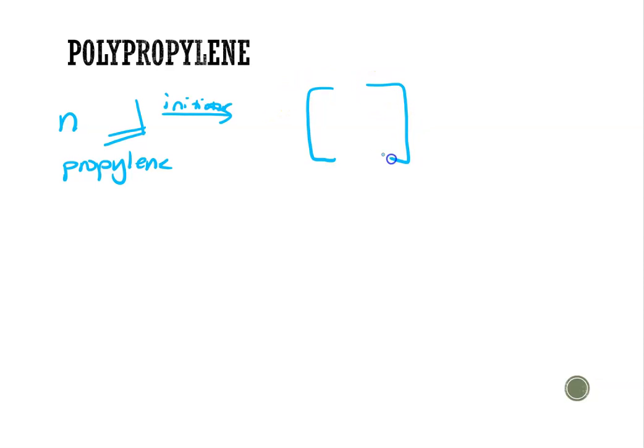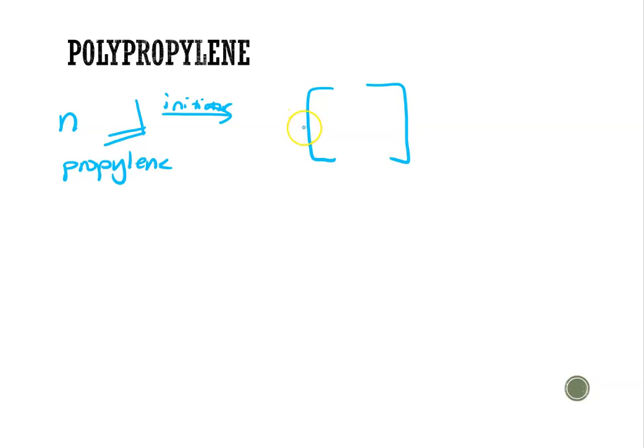So if we have polypropylene, propylene just looks like this. And so if we take n number of propylene, we add an initiator, and it actually opens up the double bond here.